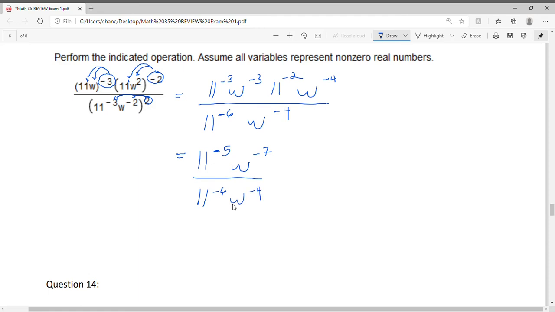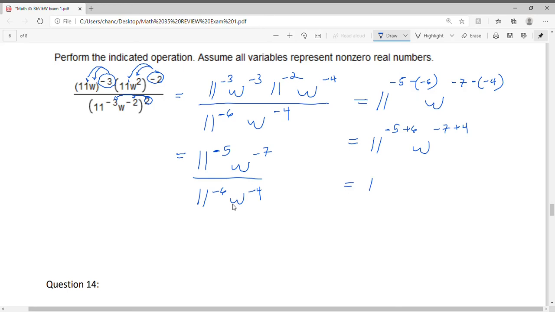Now from here, we're going to have to subtract the exponents because we're dividing. So this becomes 11 to the negative 5 minus a negative 6, and w to the negative 7 minus a negative 4. So these double negatives become positives. This is 11 to the negative 5 plus 6, and this is negative 7 plus 4.